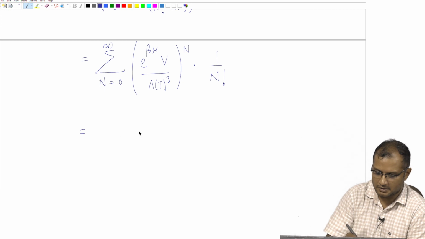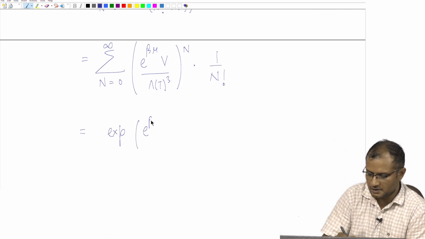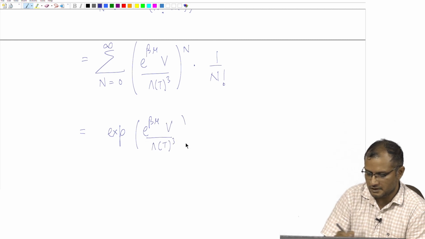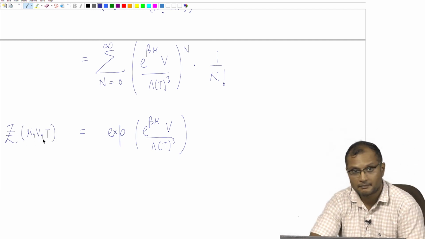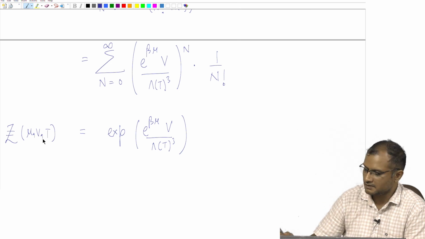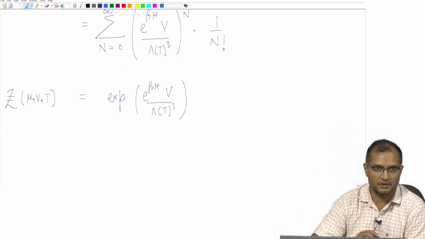So, this is nothing but e raised to e to the power beta mu into V by lambda_T the whole cube. This is my grand partition function. Just take a logarithm and this will give you the grand potential.